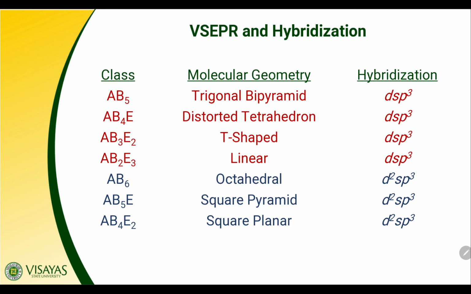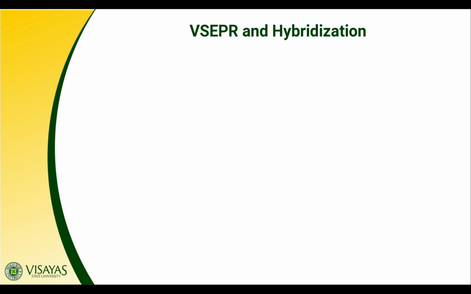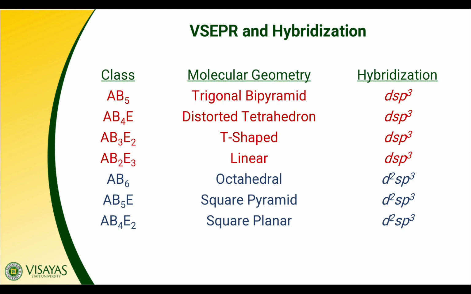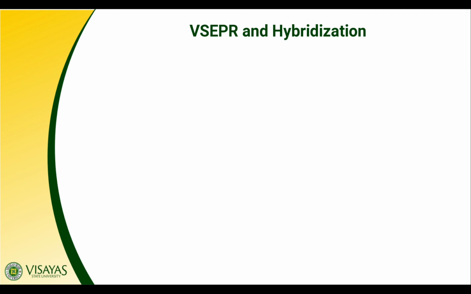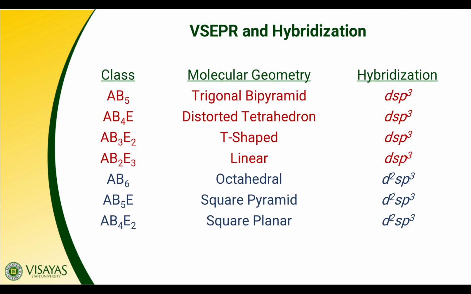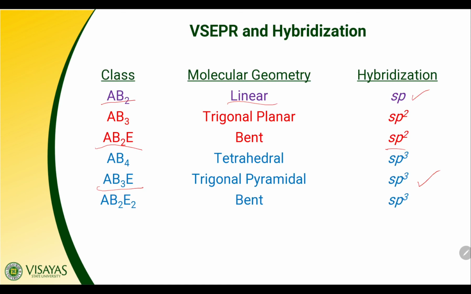But for our assessments and for exams, we will only use hybridization using s and p orbitals, okay, for simplicity. So we will not use molecules which involve d orbitals in hybridization, only the s and p orbitals.